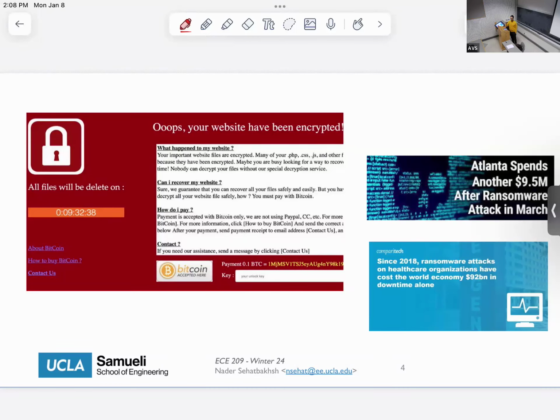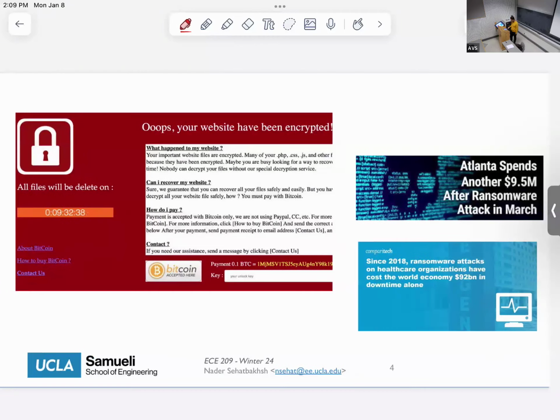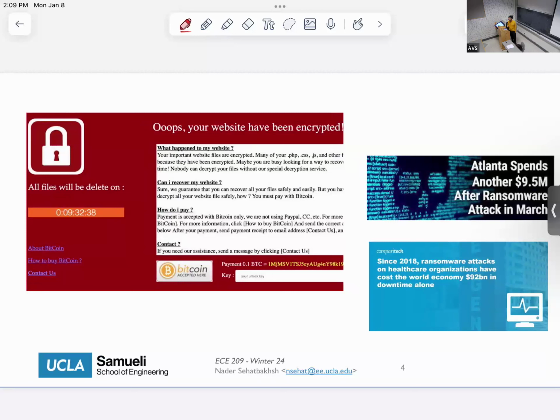And there are lots of statistics like this. If you search, there are lots of interesting documents that are published every month or every few months reporting the cost of cybersecurity and so on.